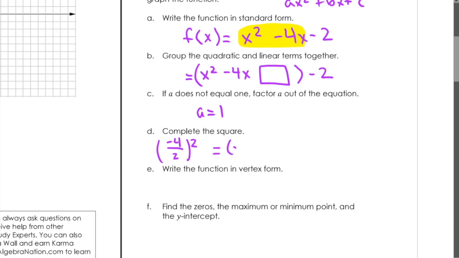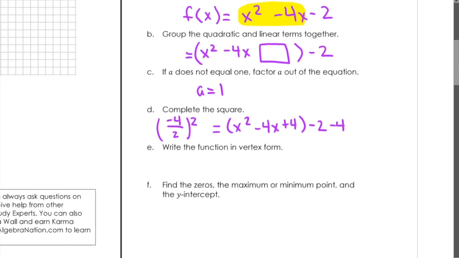We put x squared minus 4x, and inside the box goes negative 4 divided by 2, which is negative 2, squared, which is 4, so it's plus 4. I continue with minus 2, and on the other side goes the same thing, minus 4. Because this is a plus, you have to do the opposite, which is the minus. All right, let's move on.